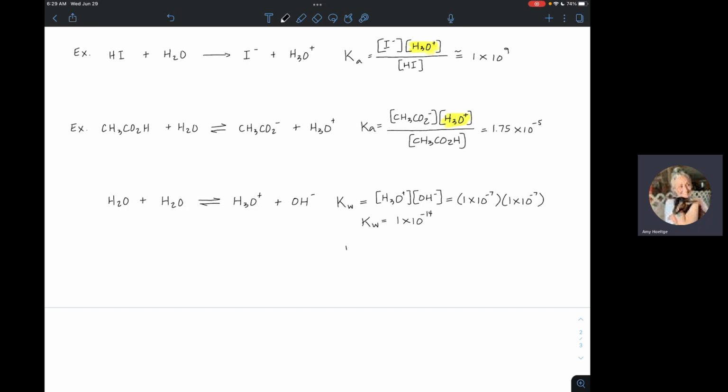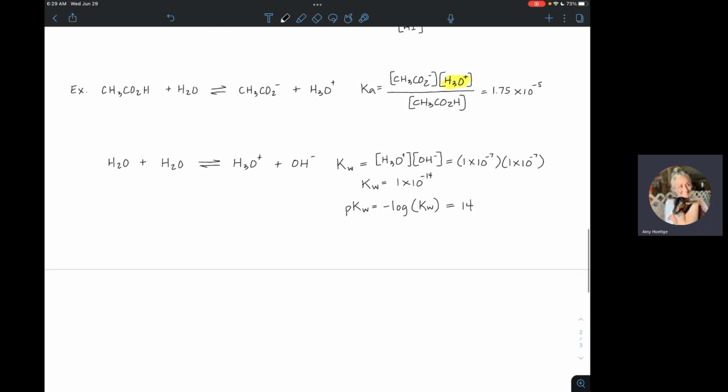And the pKw is going to be the negative log of the Kw, and so that'll just be 14. And in general, that's our upper end for our pH scale. We usually go from 0 to 14, but you can go past 14 and you can go below 0. That's fine.